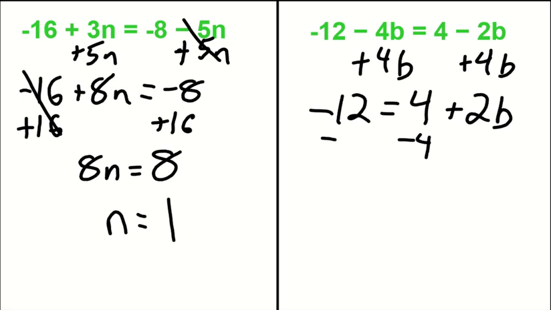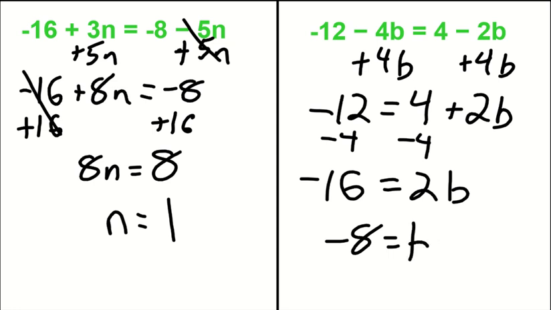Subtract 4. Signs are the same, so you add. That gives you negative 16. Like I say, you can't always completely avoid negatives, but we can avoid the negative coefficient at least. So now when we divide, signs are different. So we got b equals negative 8. All right. Any questions on those?